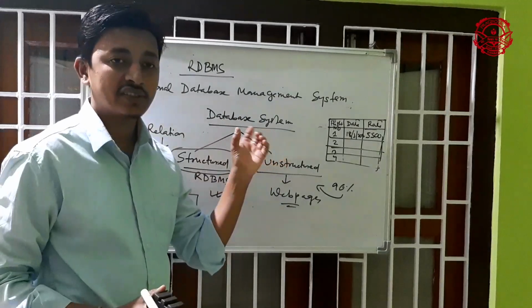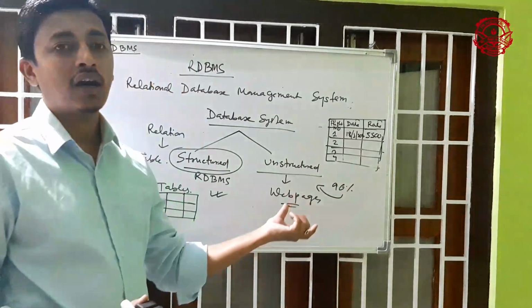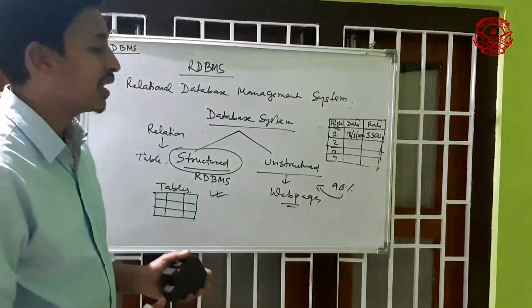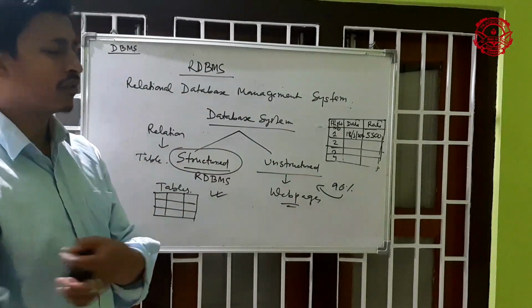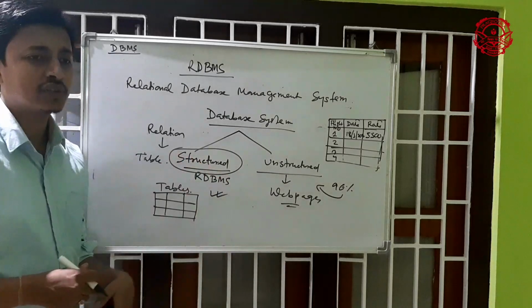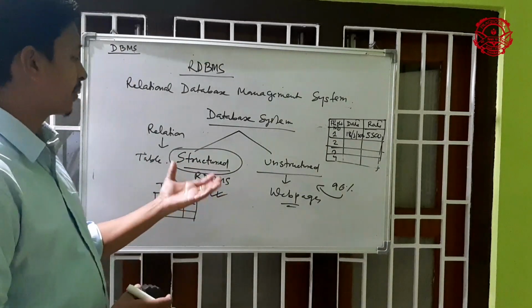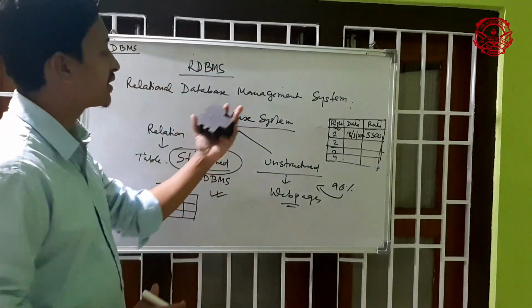The rates and the discount, how many percent is the discount on this rate, this is coming in the structured way. So I think big companies always use structured format, because they want the data in a tabular format. So that's why structured format is very useful in every company. So this is the database system.